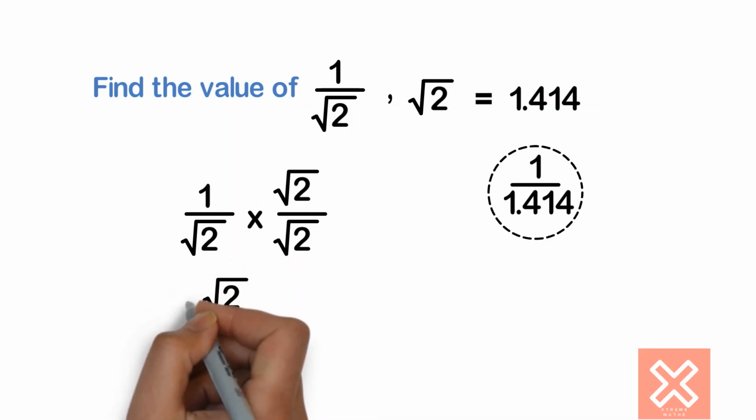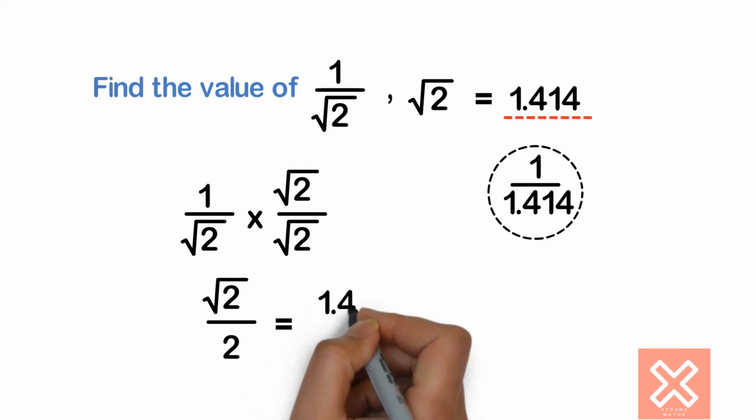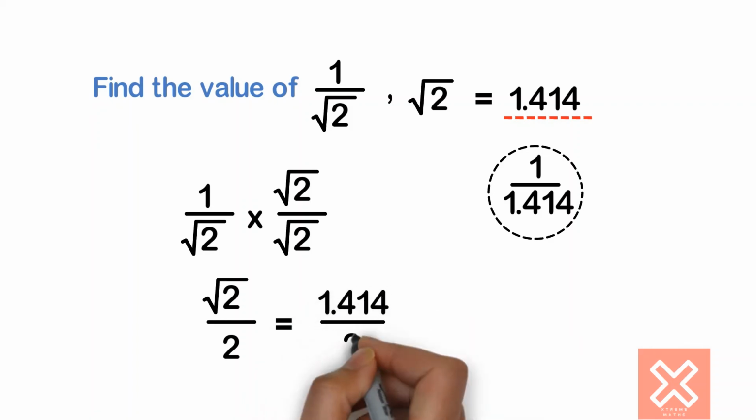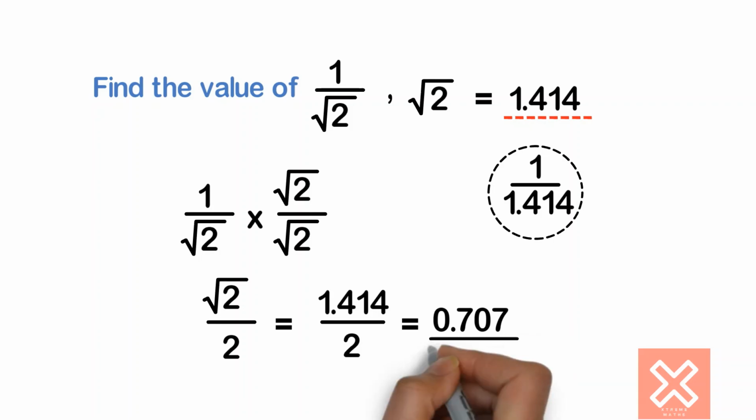They gave the value of √2, that is 1.414, divided by 2. Then the answer is 0.707. Then you already understand about surds. I think that you got the total knowledge about surds.